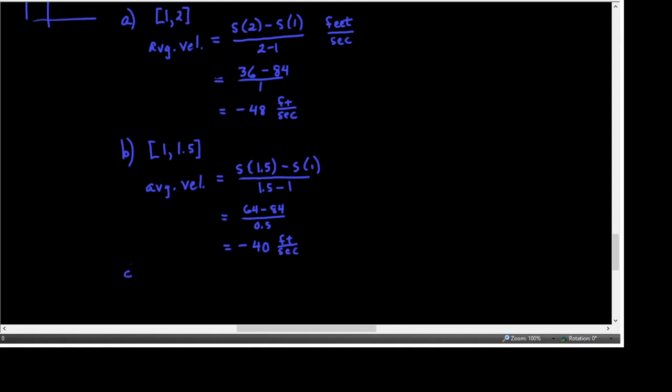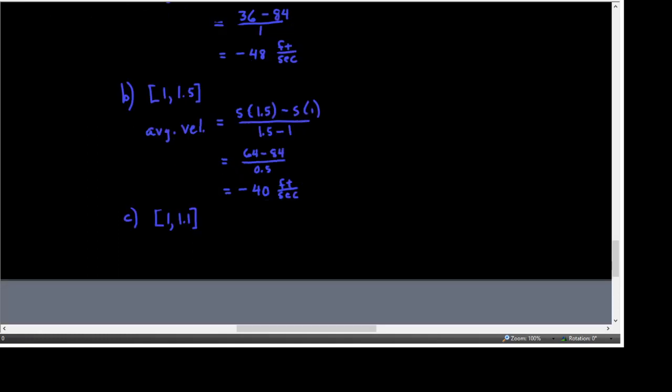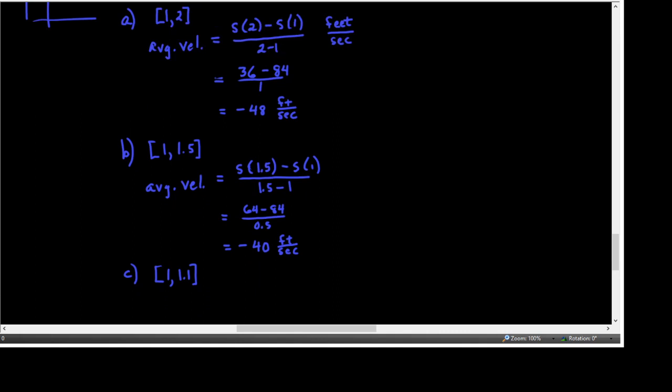Okay, part c is on the time interval from time 1 to time 1.1. Oops, ran out of room. Okay, we'll have to be creative here with making it fit.